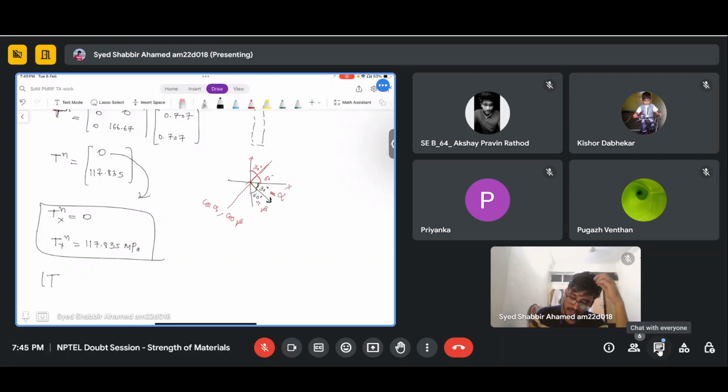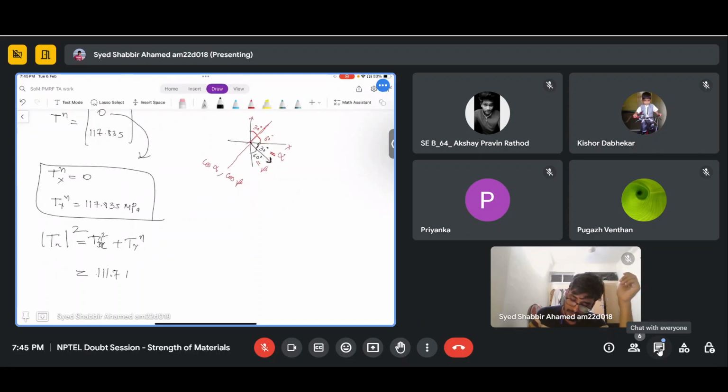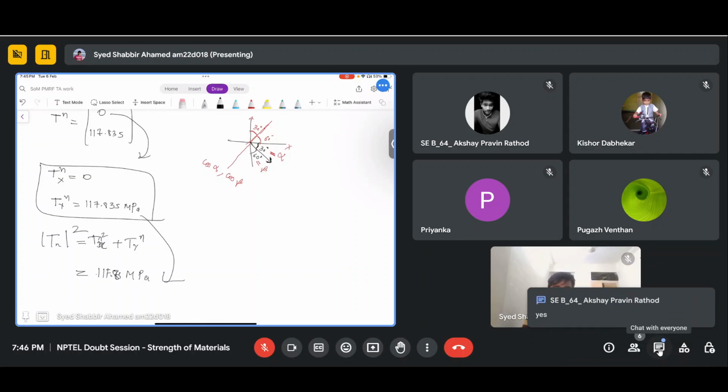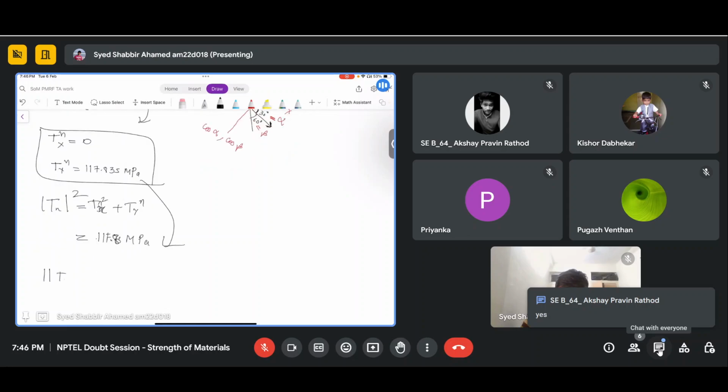So again you will get the same thing, 117.835 megapascal. Next is the magnitude of shear stress acting.